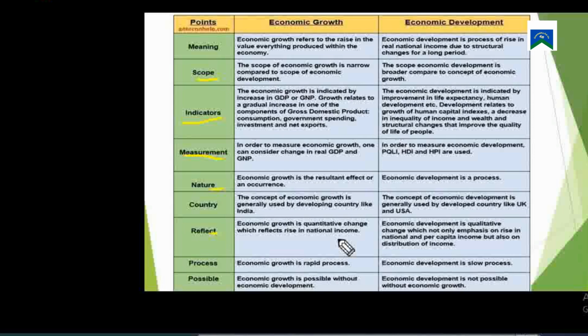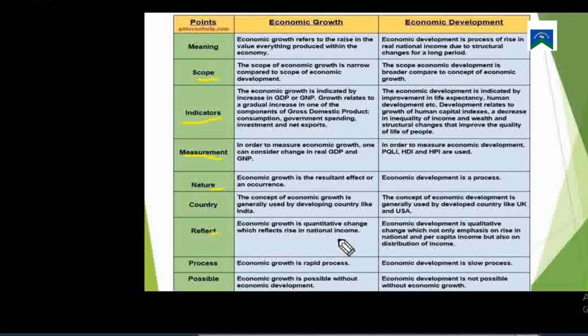But if there is only economic growth, we cannot say the living standards or other status will change in the nation. If there is economic development, that means the people's standard of life is changed.